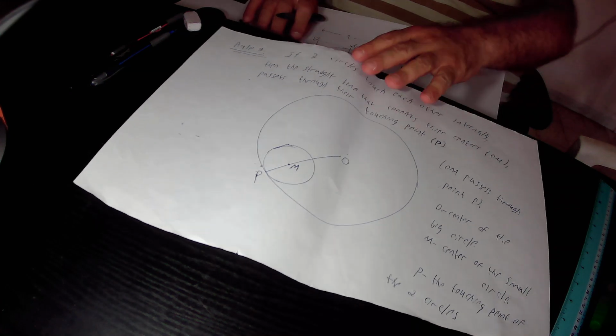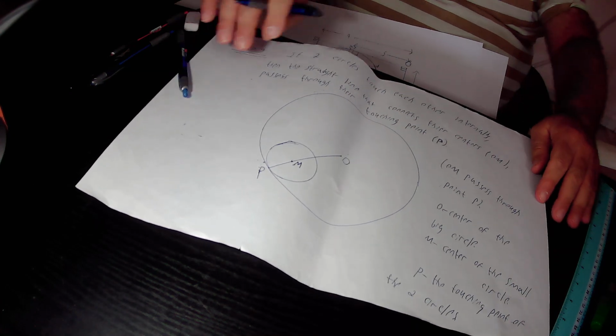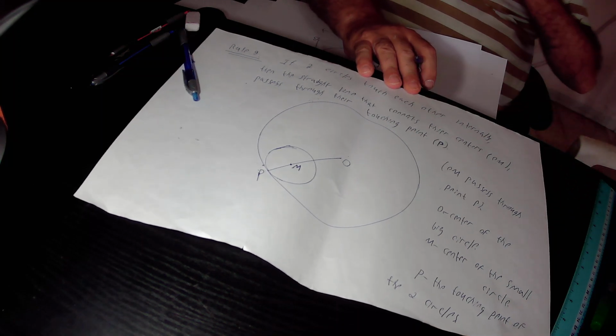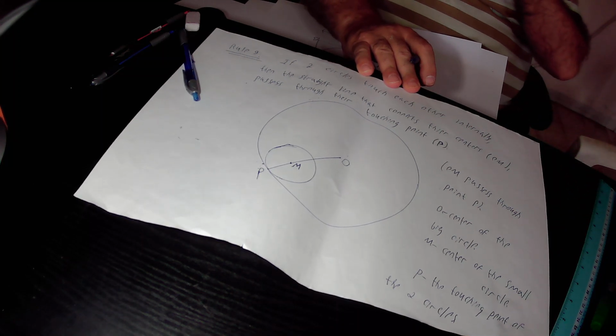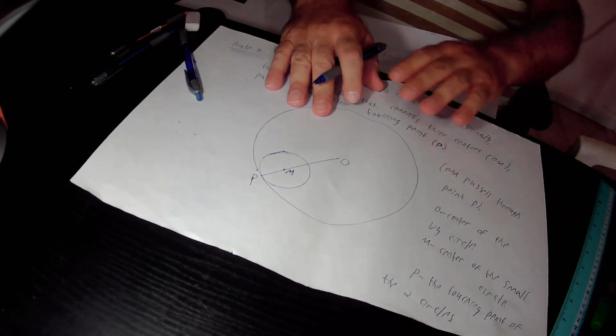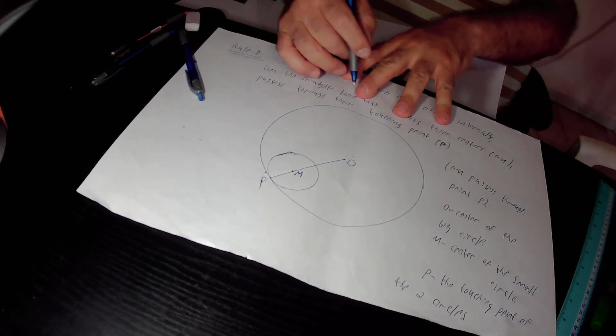According to rule 9, if two circles touch each other internally, then the straight line that connects their centers together passes through their touching point. So in the drawing, we have two circles.